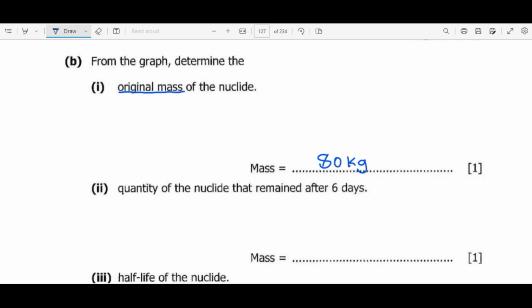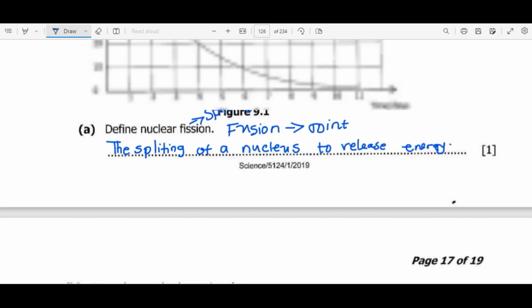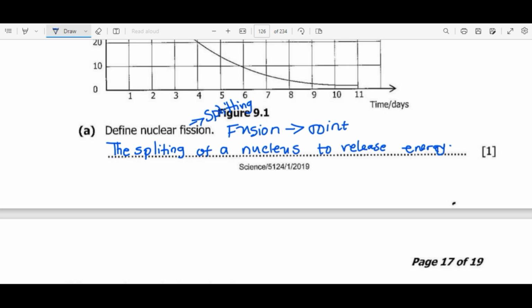Now question 2, quantity of the nuclei that remained after 6 days. So after 6 days, we want to look at how much from the 80 remained. So how can we answer this one? If you go in the x-axis, 6 days, this is time. So time is in the x-axis. You go where 6 is.